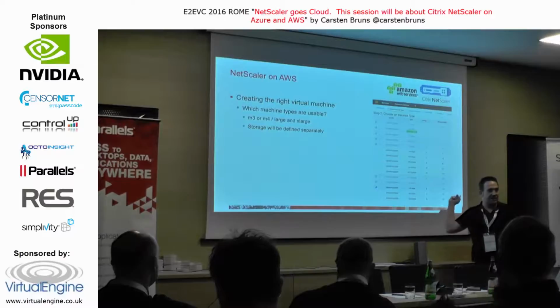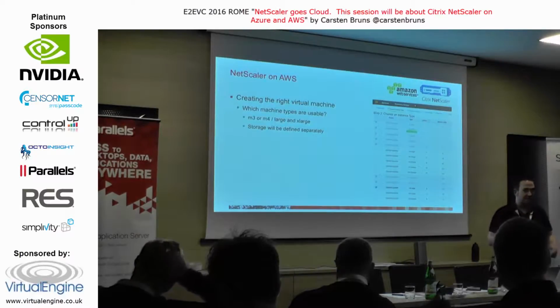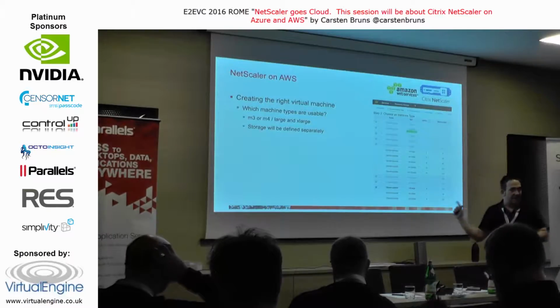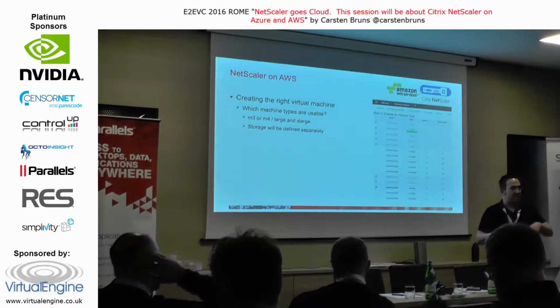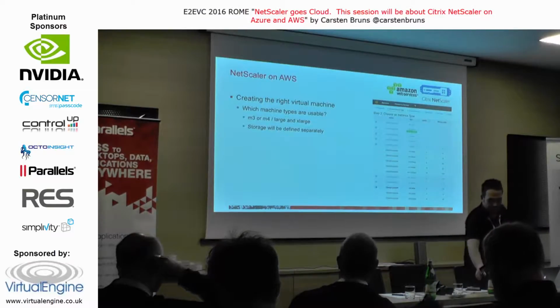What you don't see on this screen, and also not on the website, is that M3 machines and M4 machines have different numbers of IP addresses you can bind to the interfaces.